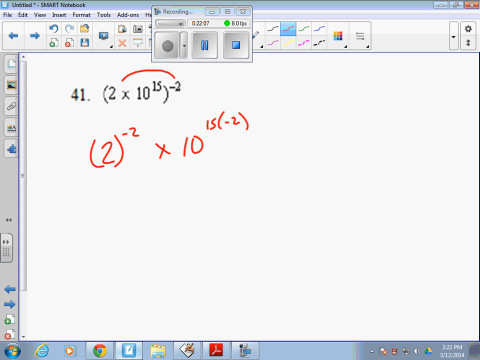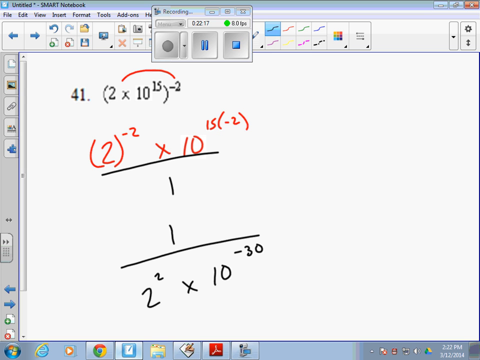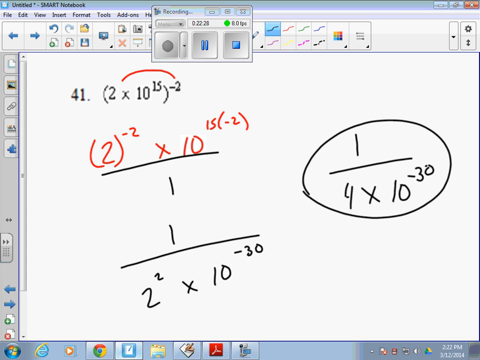So this is a case where the whole thing needs to ride the elevator and go down. 1 over 2 squared is going to be 2 to the positive 2 times 10 to the negative 30, which is going to give you 1 over 2 times 2, since you do it times itself twice, it's 4 times 10 to the negative 30. And again, that's scientific notation. Negative exponents work in scientific notation.